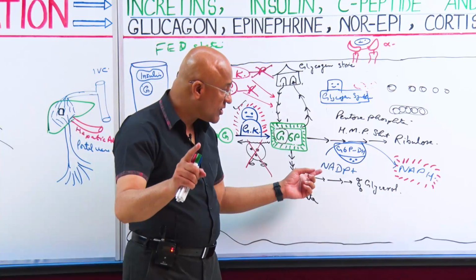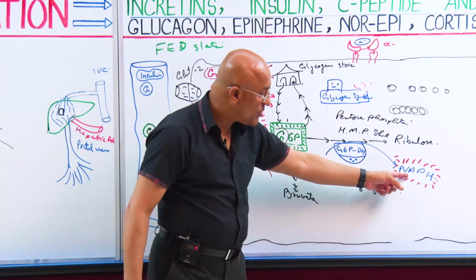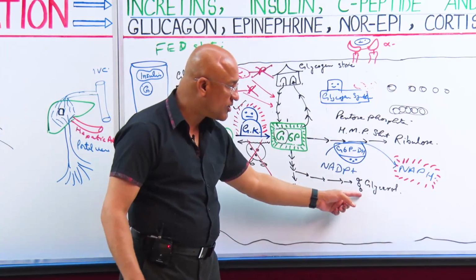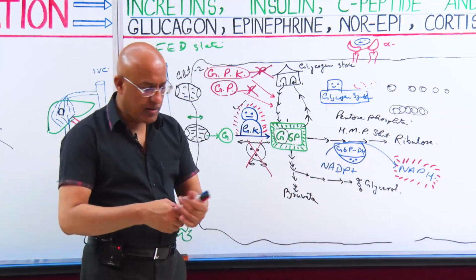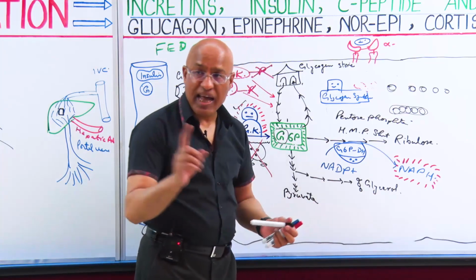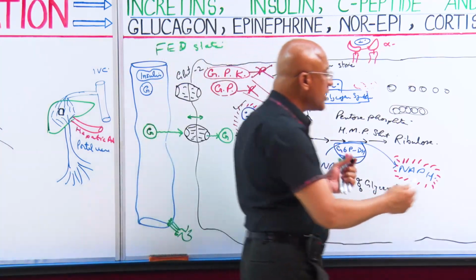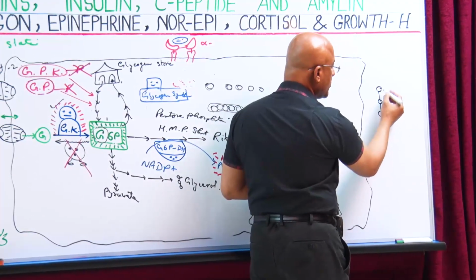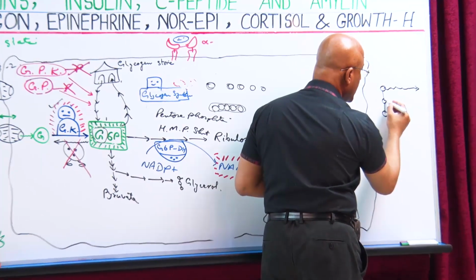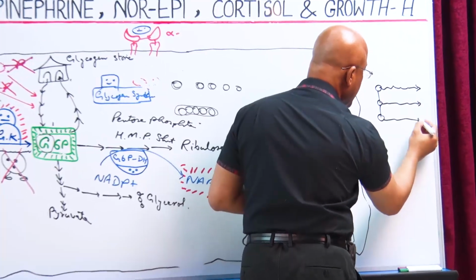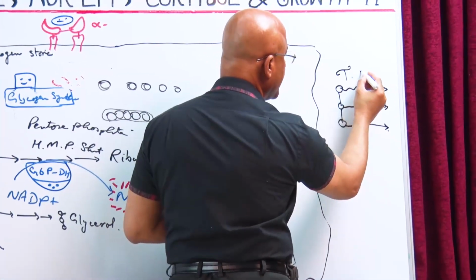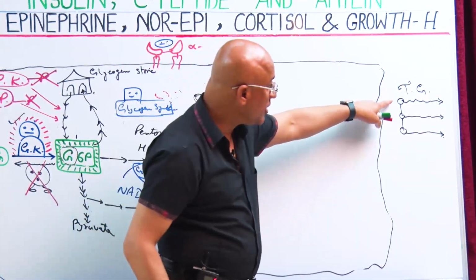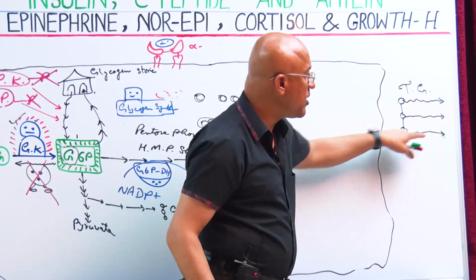For fatty acid synthesis, we need NADPH as an energy source. So this is made. For triglyceride synthesis, we need one glycerol with 3 fatty acids. This is triglyceride. What is triglyceride? Glycerol backbone with 3 fatty acids.